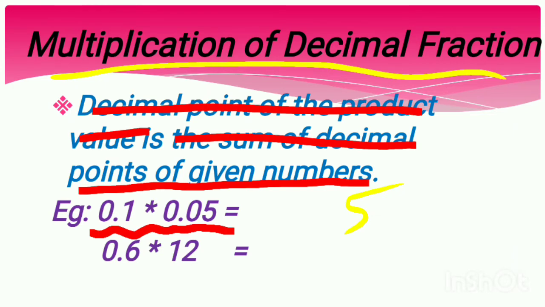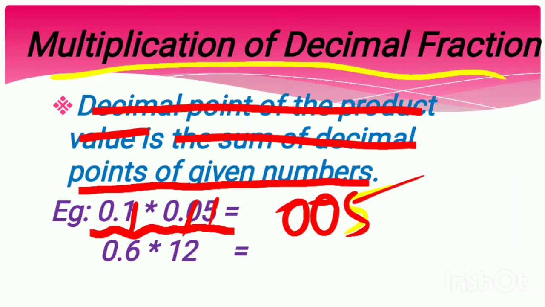Count the decimal digits, the digits after the decimal point. 1, 1, 2, 3. So count from the left hand side, 1, 2, 3, decimal point. So 0.005 is the answer.